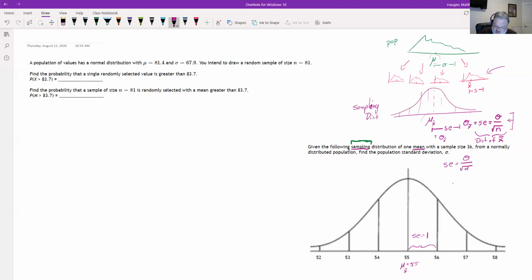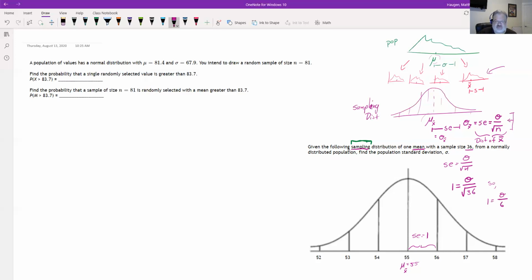So we know that 1 has to be equal to the original population's standard deviation divided by the square root of our sample size, which is 36. Fair? So 1 has to be equal to our standard deviation divided by the square root of 36, which is 6.